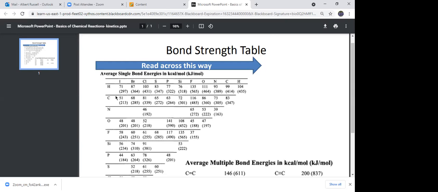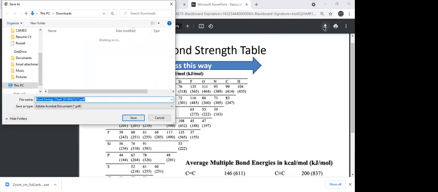This would be CI, and then CBr, CCl, CS, CP, like that. You can use either kilocalories or kilojoules. I like to use kilojoules personally, but you can use either one as long as the bond strengths are in the same units when you're subtracting them. I want to download this and have it handy, and I'm gonna upload it into the chat for you.